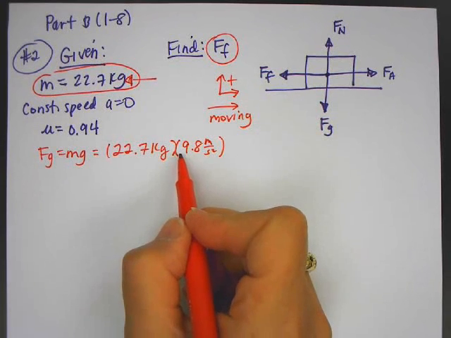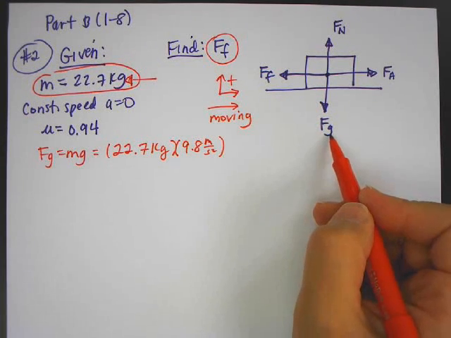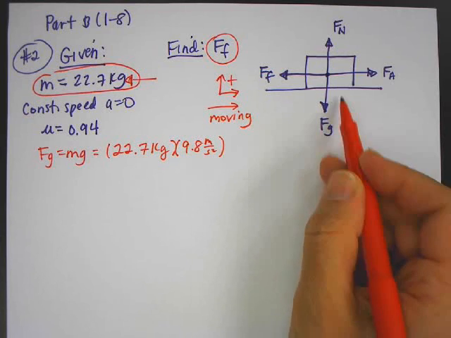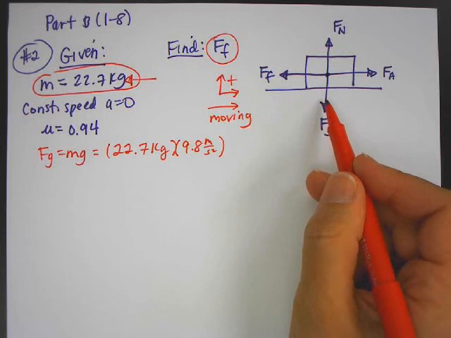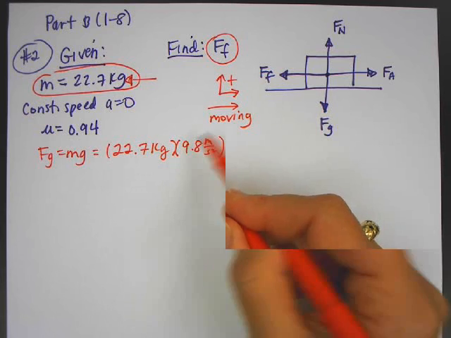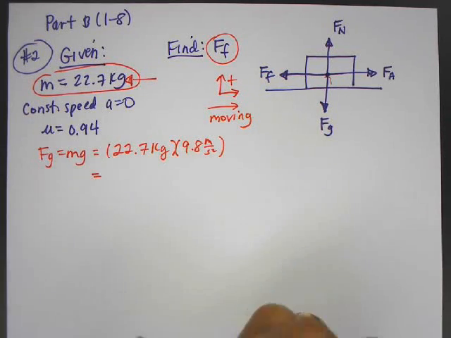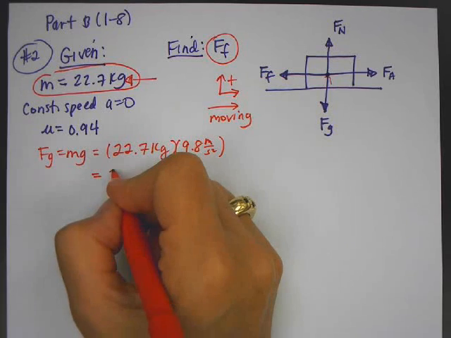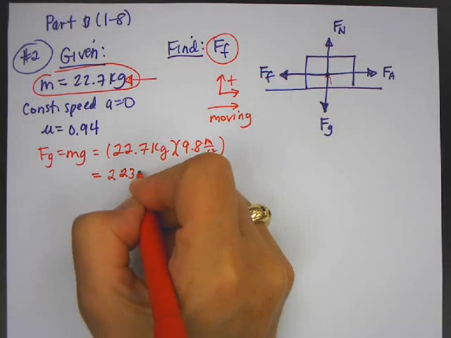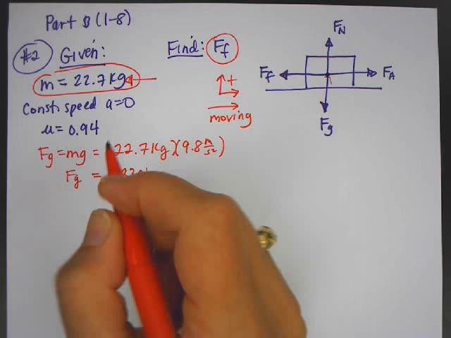I'm not putting the negative in here because in my picture it's already pointing down. So I've already taken the negative into consideration. Now when I do this on my calculator, this comes out to be 223 newtons, F of G.